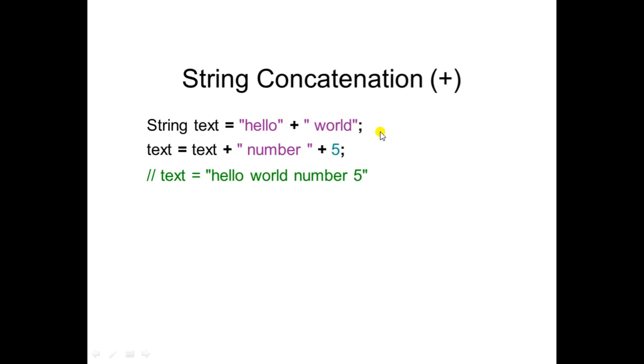Yes, hello world. Then what am I doing here? Again I am overwriting text with which value? The text value, hello world, plus number. Hello world number. Number will get concatenated, plus 5.